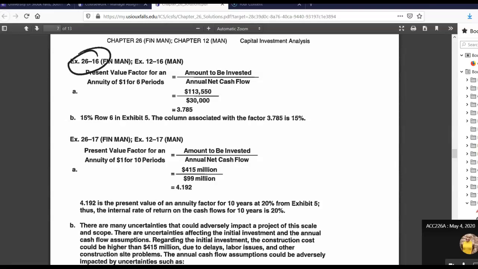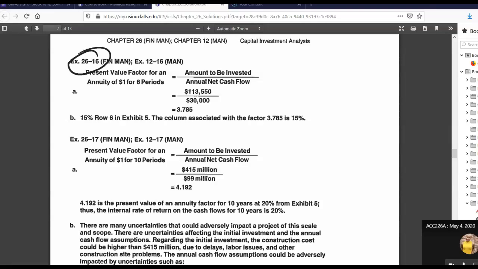In letter A, the problem said the present value for the annuity of a buck for 6 periods. So you go to Exhibit 5 and you go down to row 6 because it's 6 periods, and you need to go across that line until you find 3.785. Please do this with me.